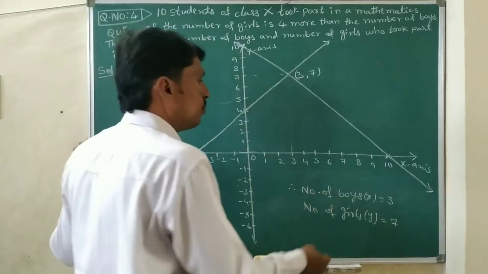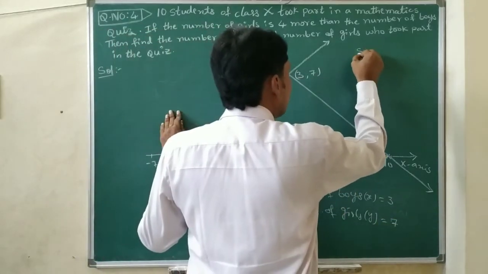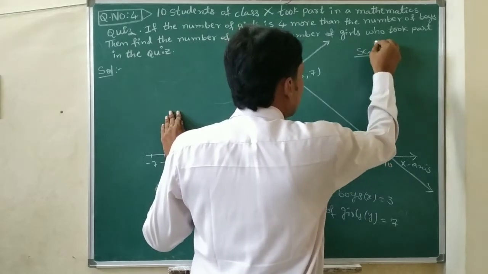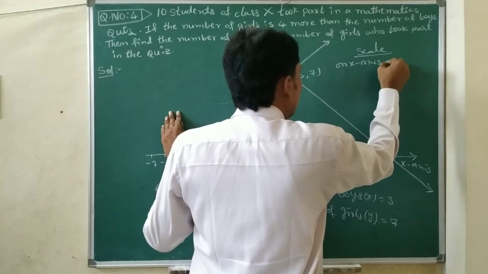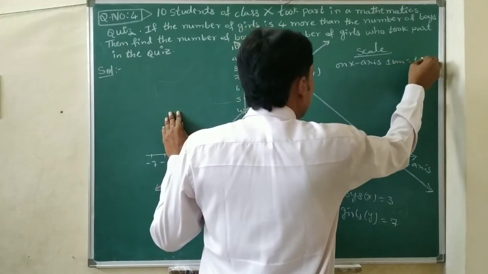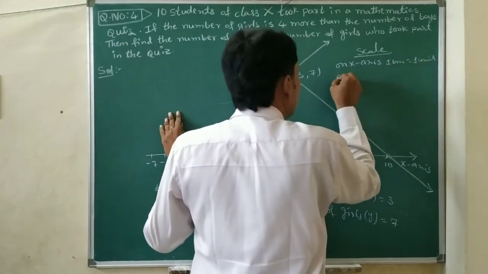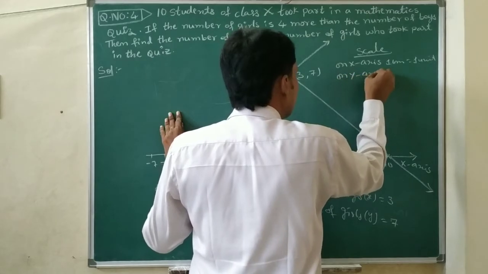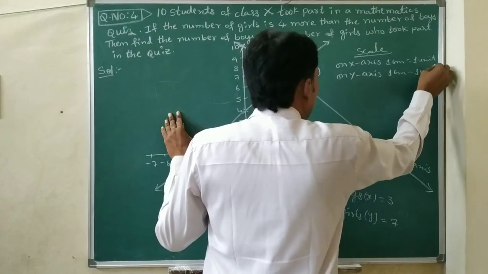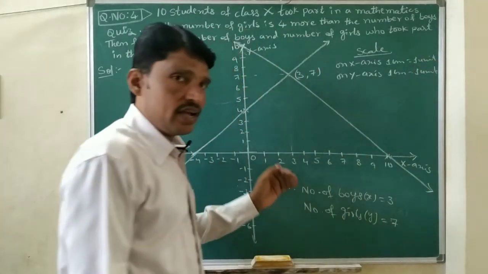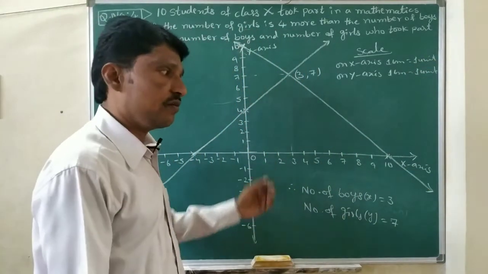This is about graphical representation. Scale, must and should, we need to write the scale. On x-axis, 1 centimeter equal 1 unit. On y-axis, 1 centimeter equal 1 unit. This is about graphical representation of the given data.